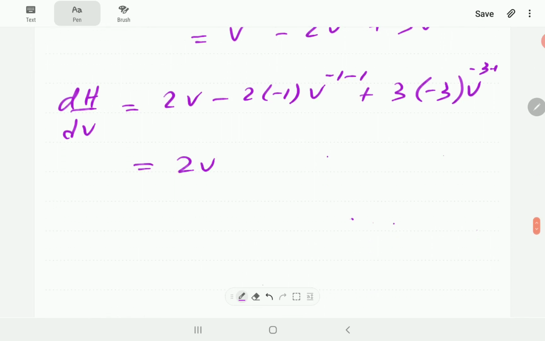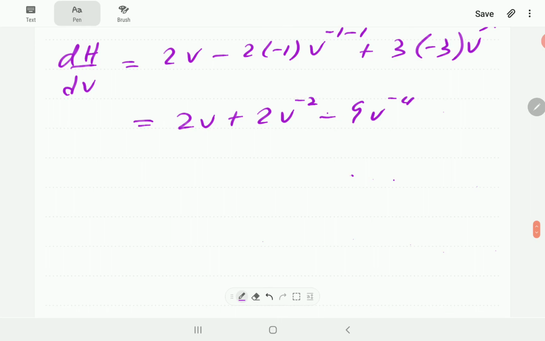So simplifying here again, it's going to be 2v plus 2v to the power minus 2 minus 9v to the power minus 4. We can write these as positive powers. It's going to look like that.